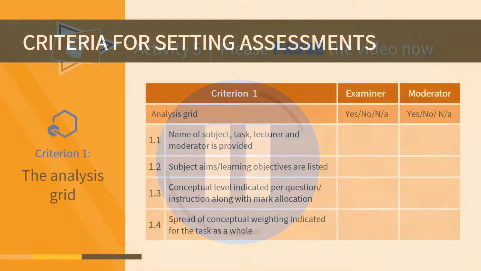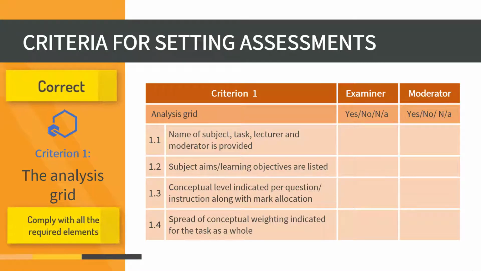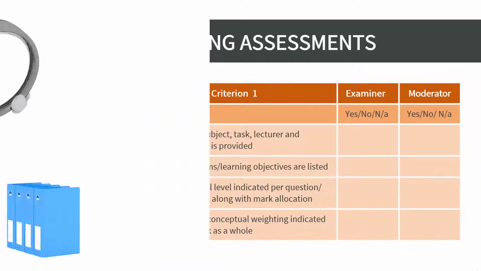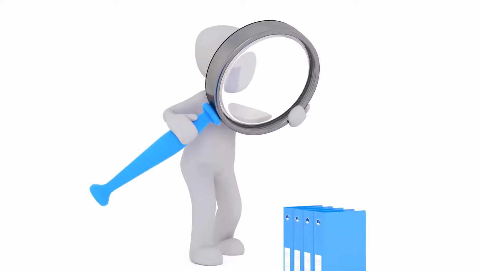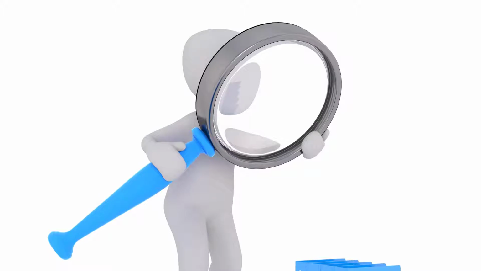If your analysis grid is correct, then your paper will comply with all the required elements. The analysis grid plays an important role in determining adherence to weighted values per topic, as determined by the various syllabi or subject assessment guidelines. Lecturers need to be fully aware of the weighted values per topic or module, as this will also indicate the importance placed on each topic or module when the subject is taught.